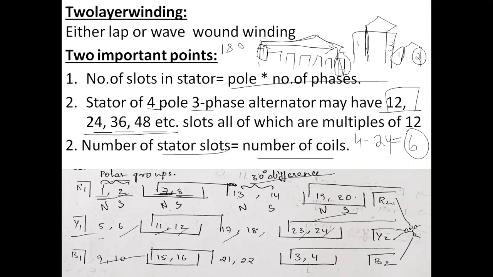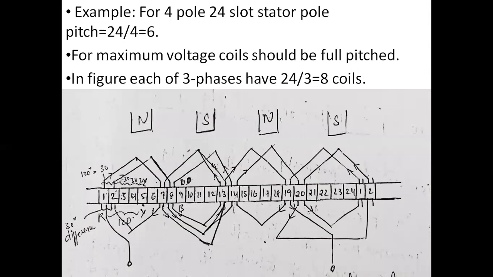Okay, so see here, all these polar groups are connected in the star connection R, Y, B, and this is the neutral point of the star connection. Okay, the connection will be like this, like this. So these slots up to 7 slots will be under the influence of the North Pole, and up to this the South Pole, like this.